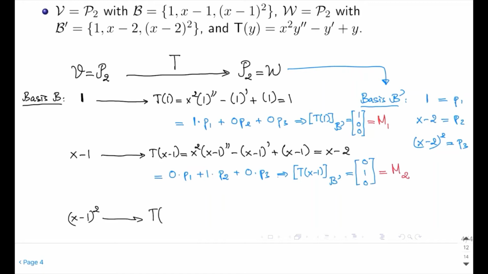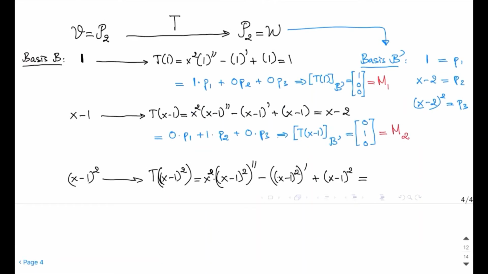Next, we are going to compute T of x minus 1 squared. So x squared times the second derivative of x minus 1 squared, and then minus the first derivative of that, x minus 1 squared, and then plus the function x minus 1 squared.